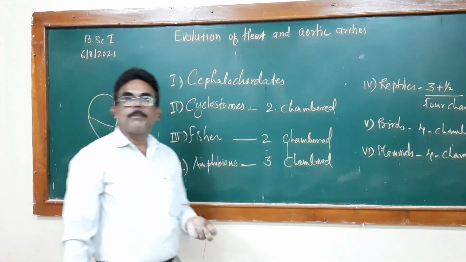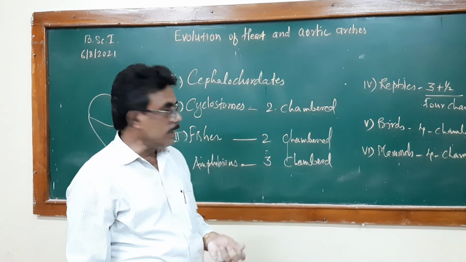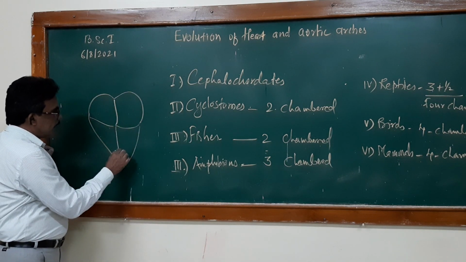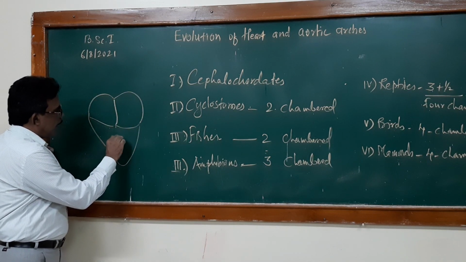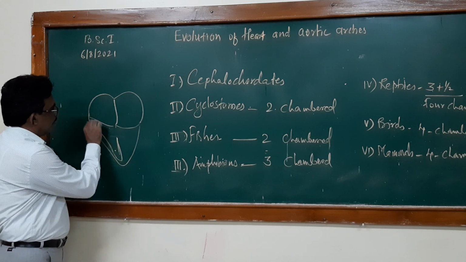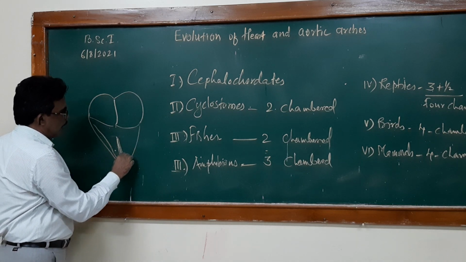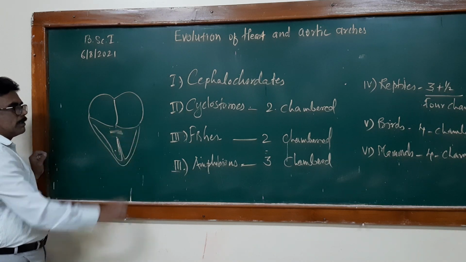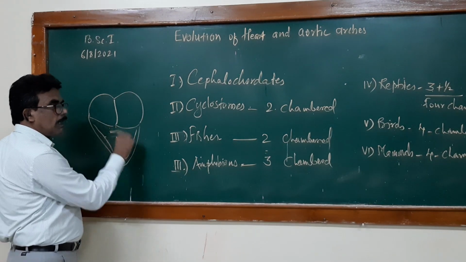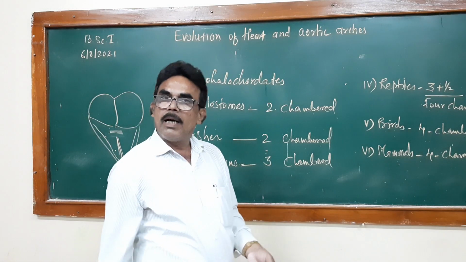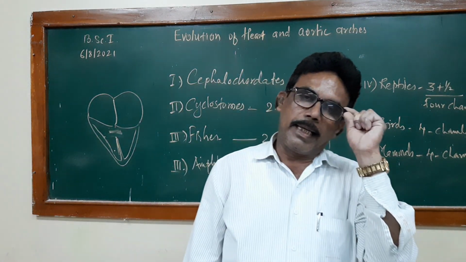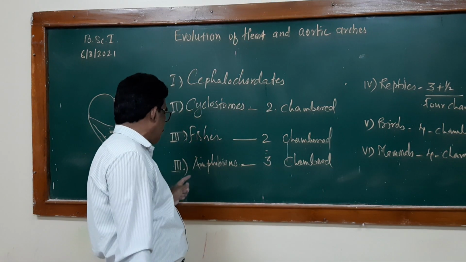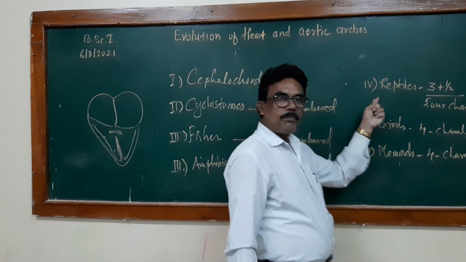For example, the frog has a three-chambered heart. In the case of reptiles, there will be incomplete development of the fourth chamber. So the four-chambered heart is not completely separated, but it also performs the function of a four-chambered heart in reptiles.